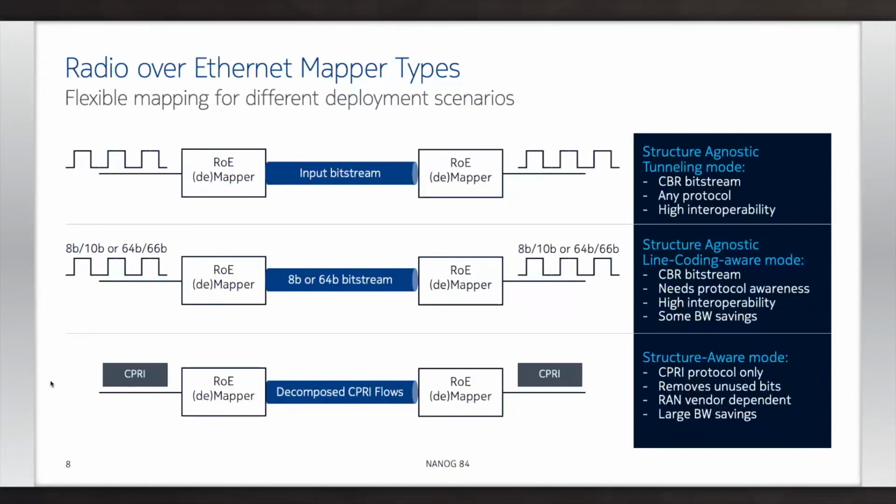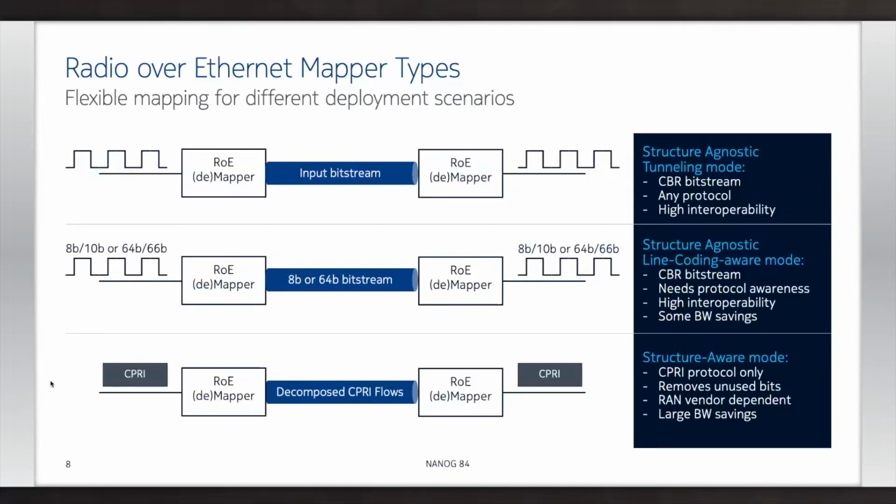This provides us some savings in terms of bandwidth, not a lot. And 8B/10B a bit more than 64B/66B. But because we are looking at frames here, we require a little bit of understanding of higher layers. And again, highly interoperable, but with a little bit of bandwidth savings in this case.